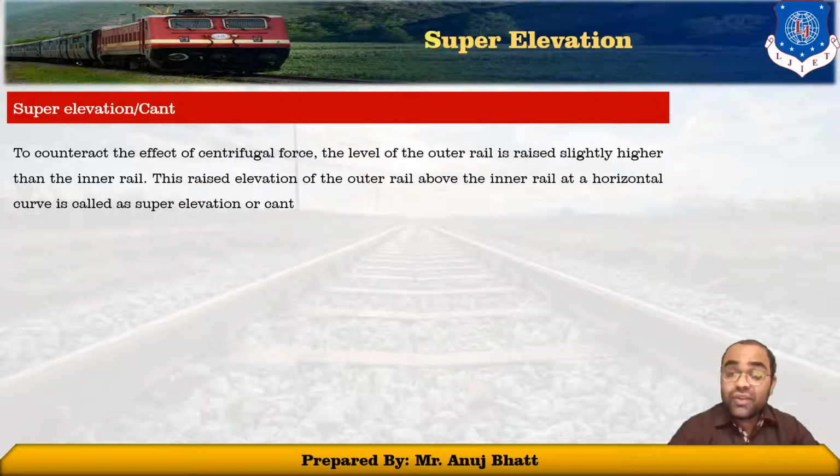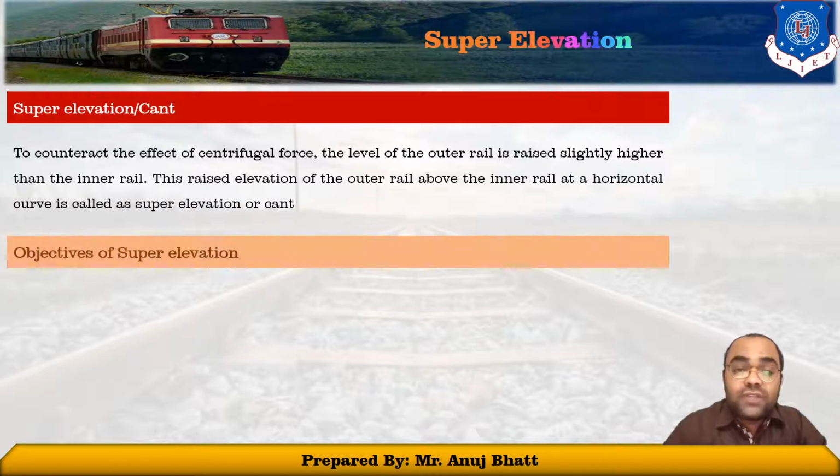This raising of the outer rail above the inner rail at a horizontal curve is known as superelevation or cant.